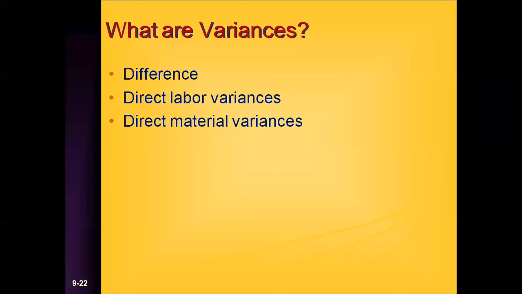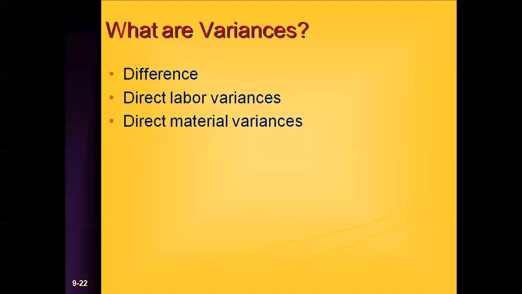Again, depending upon how good your purchasing department is, in a lot of cases they may be able to get materials at a lower cost than you estimated. And these would result in direct material price variances, or direct material usage variances, or actual direct material inventory variances.